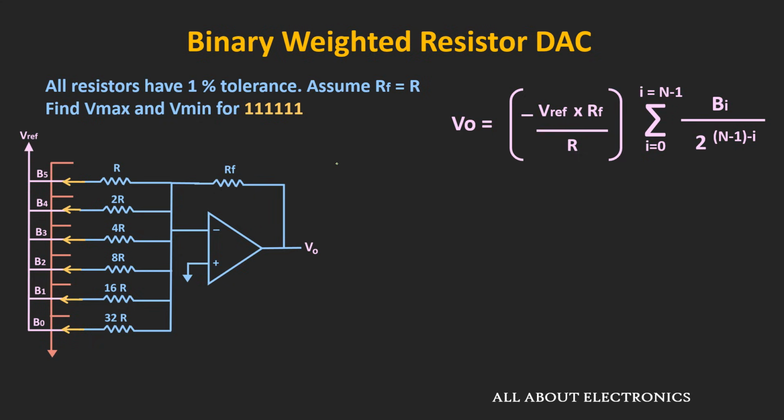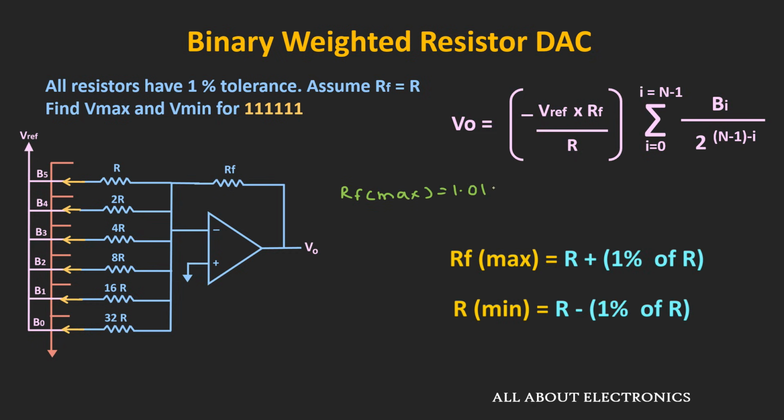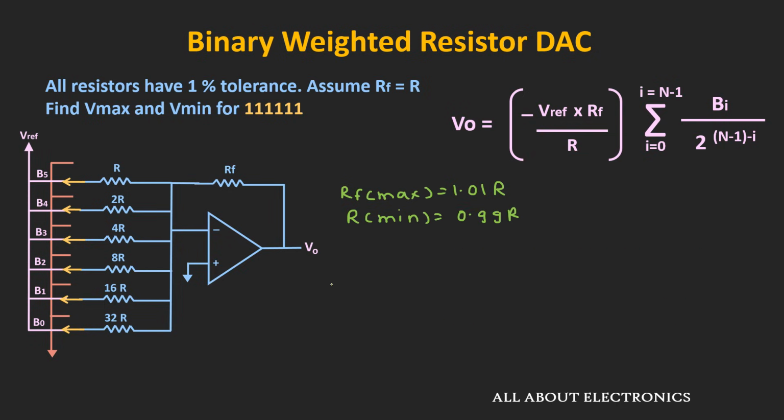Now if we assume 1% tolerance in the resistors, then the output will be maximum whenever this RF is maximum and R is minimum. That means we can say that whenever RF max is equal to 1.01 times R and R minimum is equal to 0.99 times R. So the maximum output voltage Vmax will be equal to minus 5 times 1.01 times R divided by 0.99 times R and multiplied by summation of all these bits.